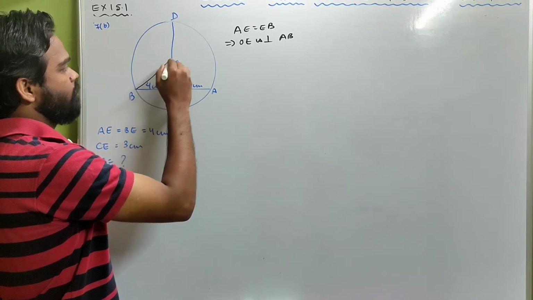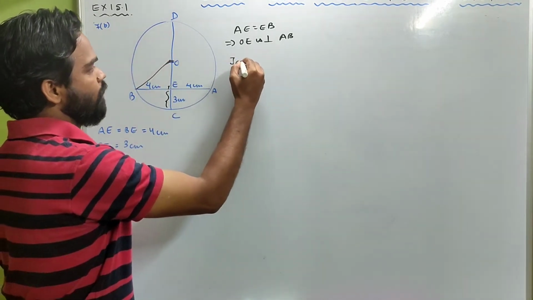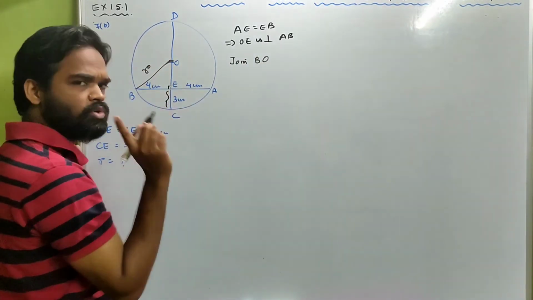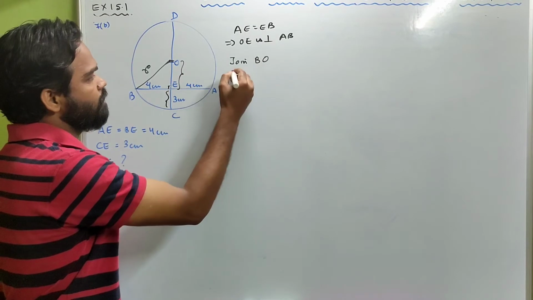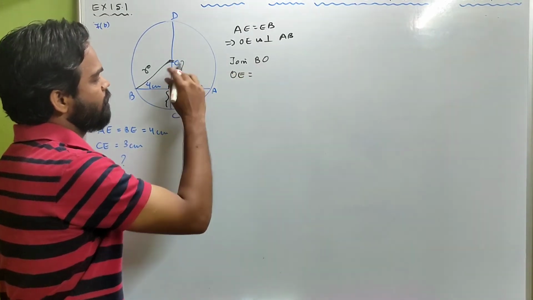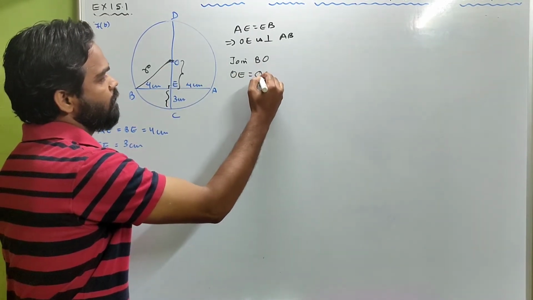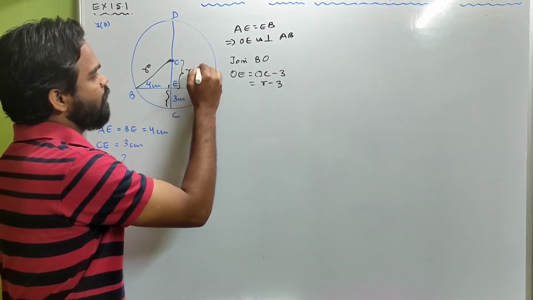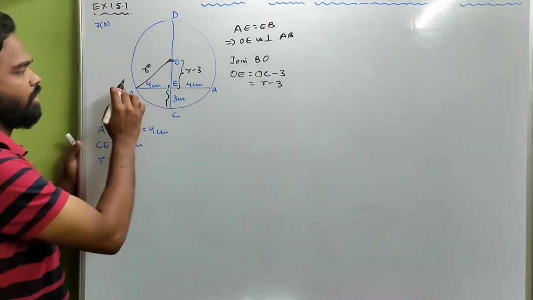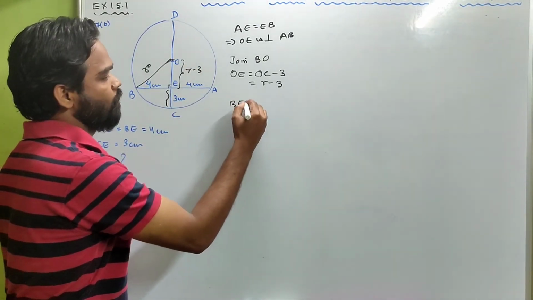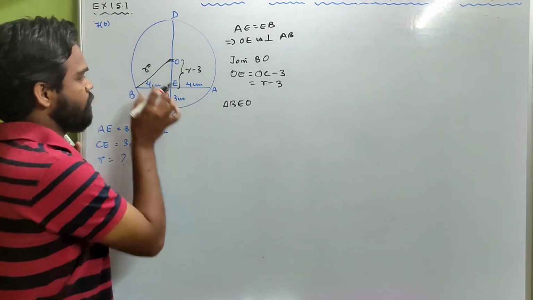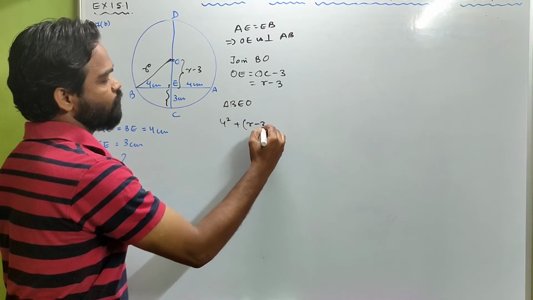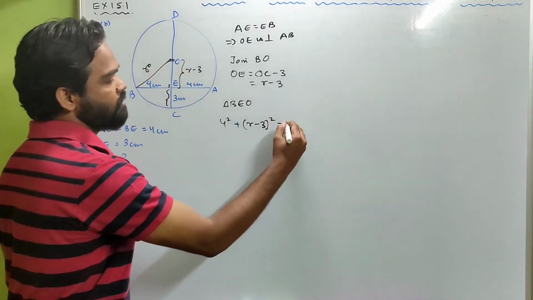Join this BO. That's a radius. Suppose R. Then OC is also the radius. So OE will be OC minus 3. That's R minus 3. So this is R minus 3. Now in triangle BEO, just use Pythagoras theorem. 4 square plus R minus 3 whole square is equal to OB square, that's R square.